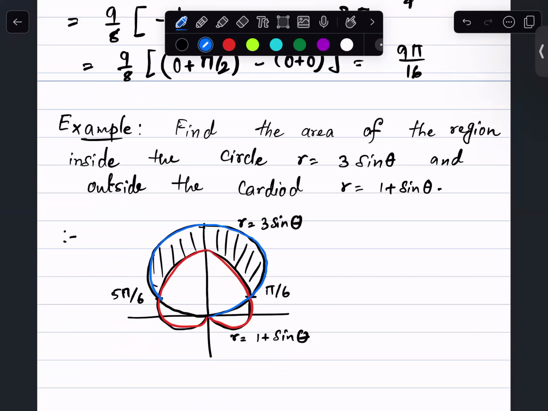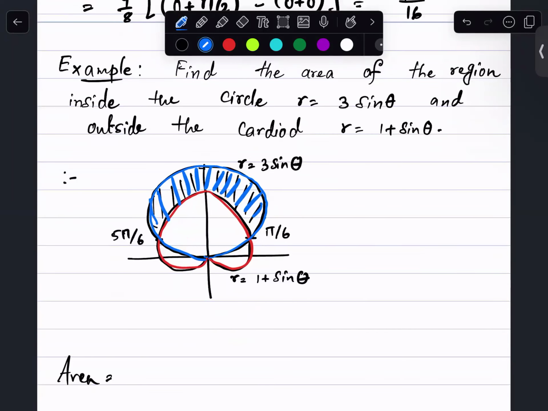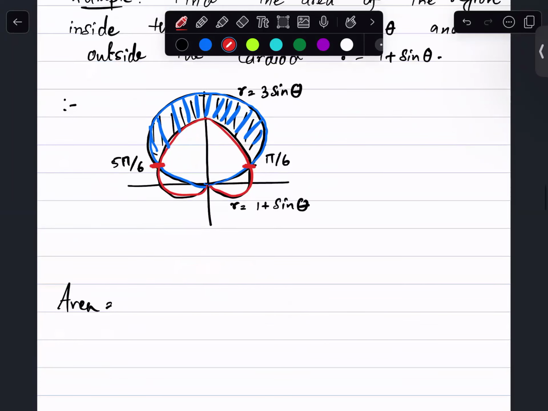If you try to read the example again, we are basically asking what is the area of this shaded region. So the first thing is you have to find these intersections, because these will be your upper and lower limits of the integration. At these 2 points, the cardioid and the circle are intersecting.